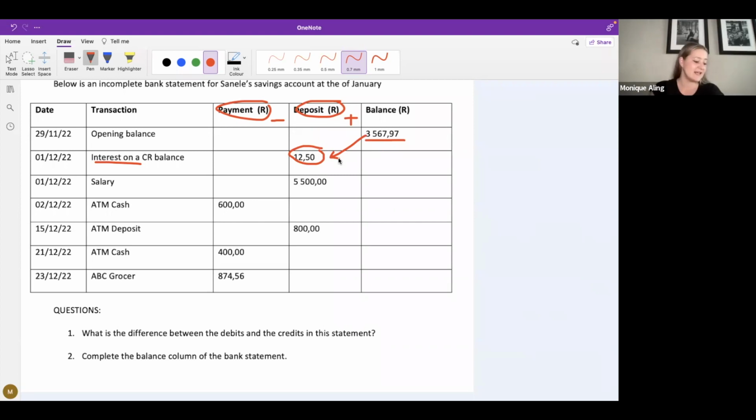So what is Zanele's new balance after this transaction? Might need to get those calculators out.